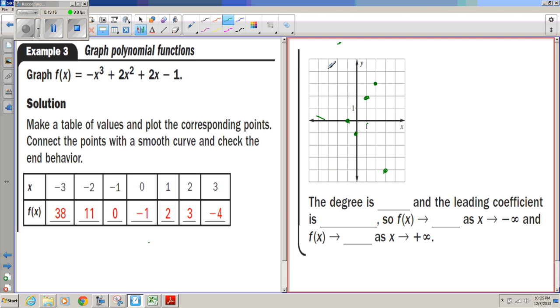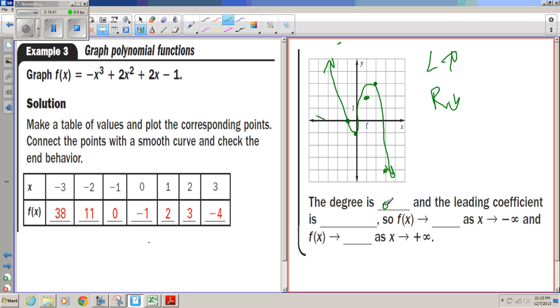So your graph looks kind of weird. Something like that. In layman's terms, I would say left up, right down, because that is what it's doing at the very end on this graph.